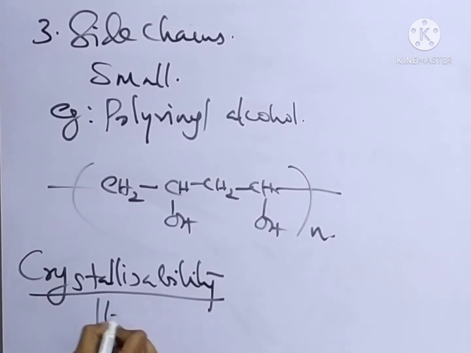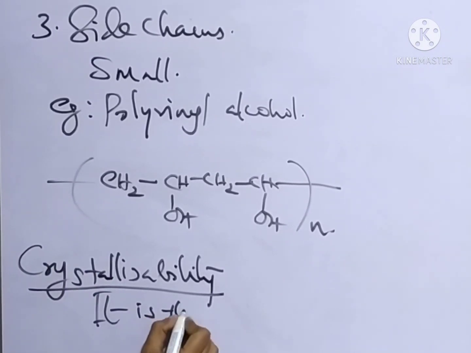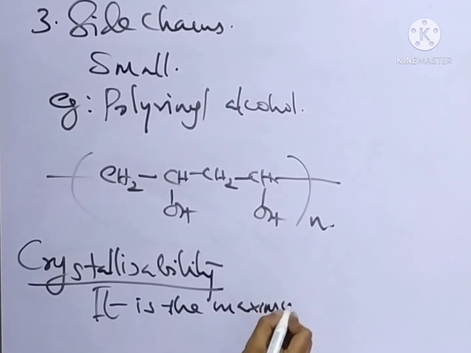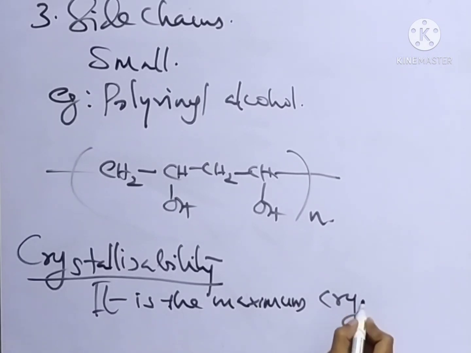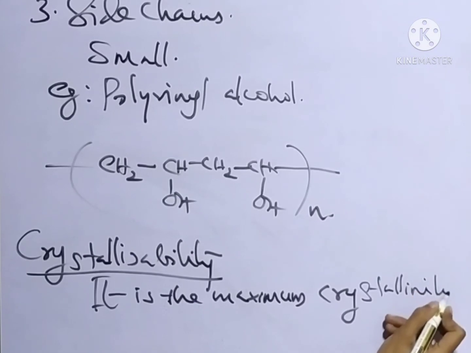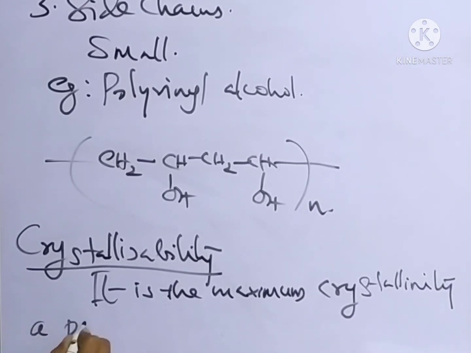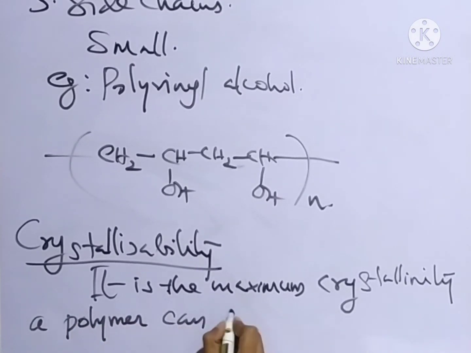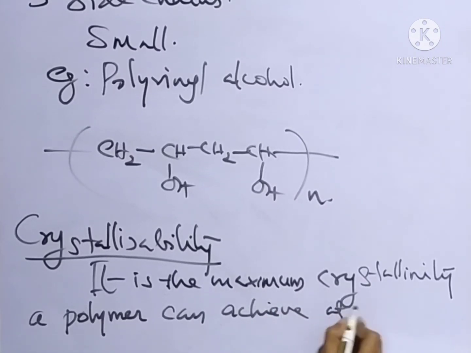So crystallizability means it is the maximum crystallinity a polymer can achieve at a particular temperature.